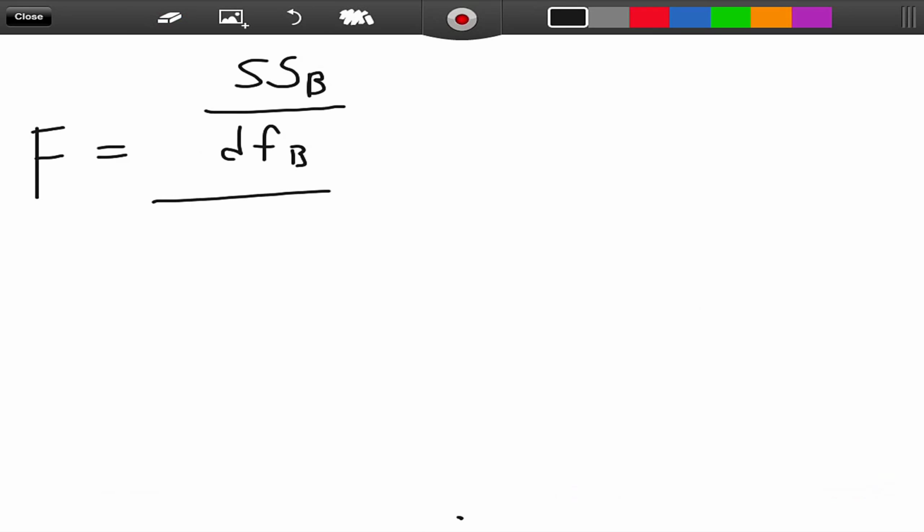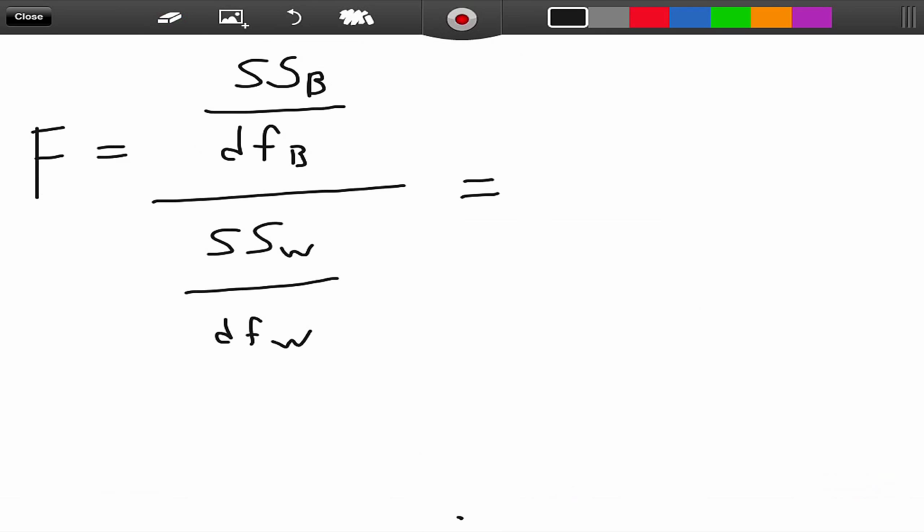So we will have F is the sum of squares between over degrees of freedom between, divided by the sum of squares within over the degrees of freedom within.